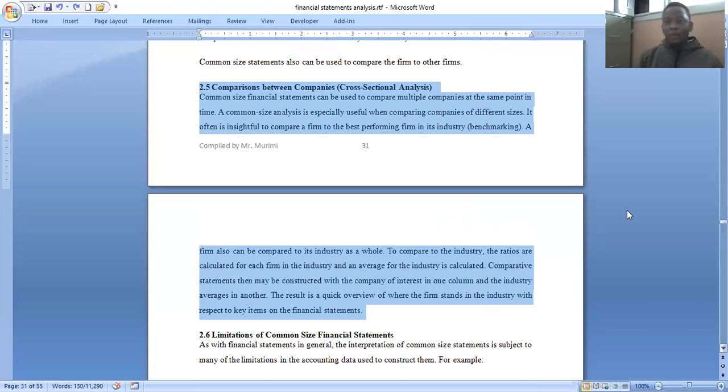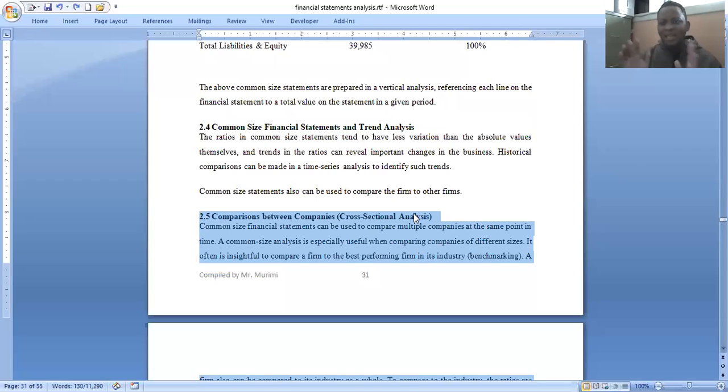So common size financial statements help in that objective of comparing between companies. That is a cross-sectional analysis, and it can also be used for a trend analysis.